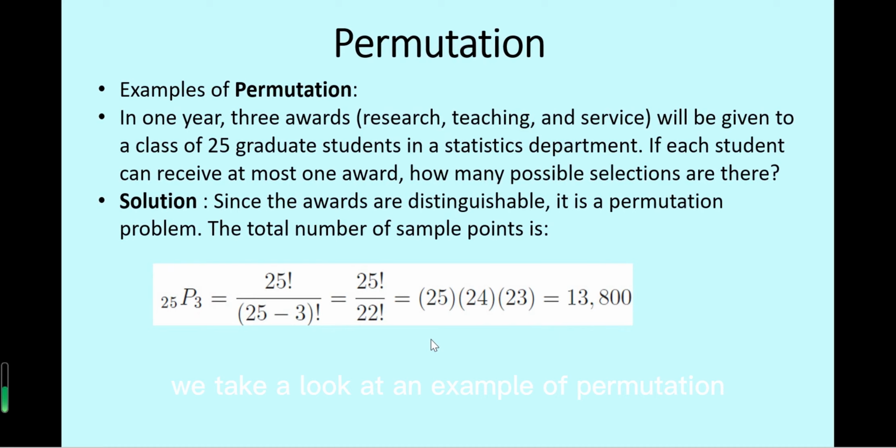Let's take a look at an example of permutation. The problem is: in 1 year, 3 awards, research, teaching, and service, will be given to a class of 25 graduate students in a statistics department. If each student can receive at most 1 award, how many possible selections are there? The solution is: since the awards are distinguishable, it is a permutation problem.